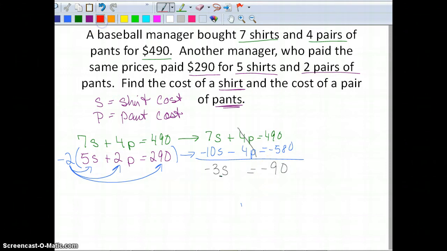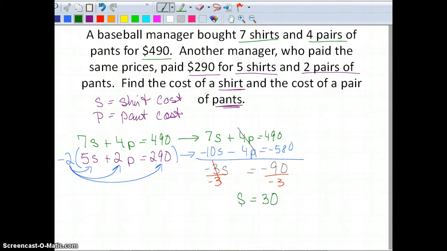I'm going to divide both sides by negative 3. So S is equal to positive 30. So each shirt costs $30.